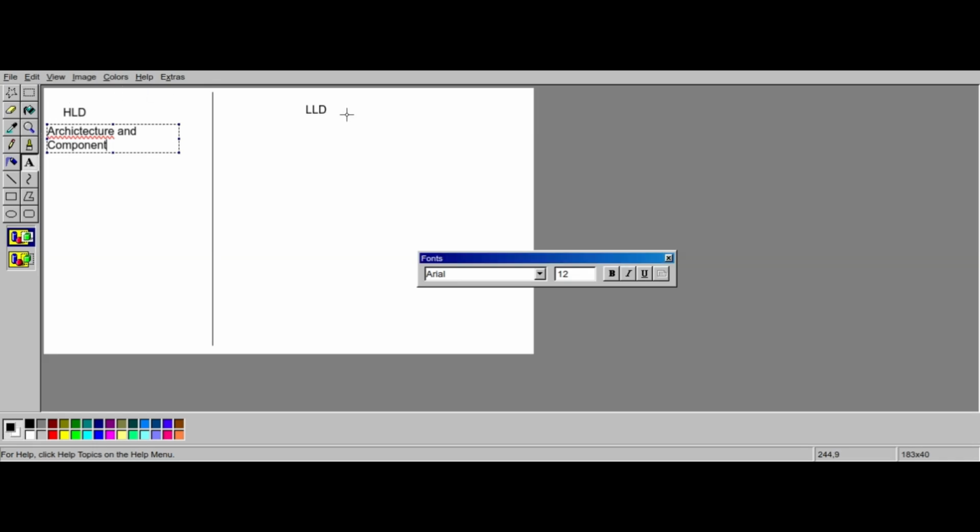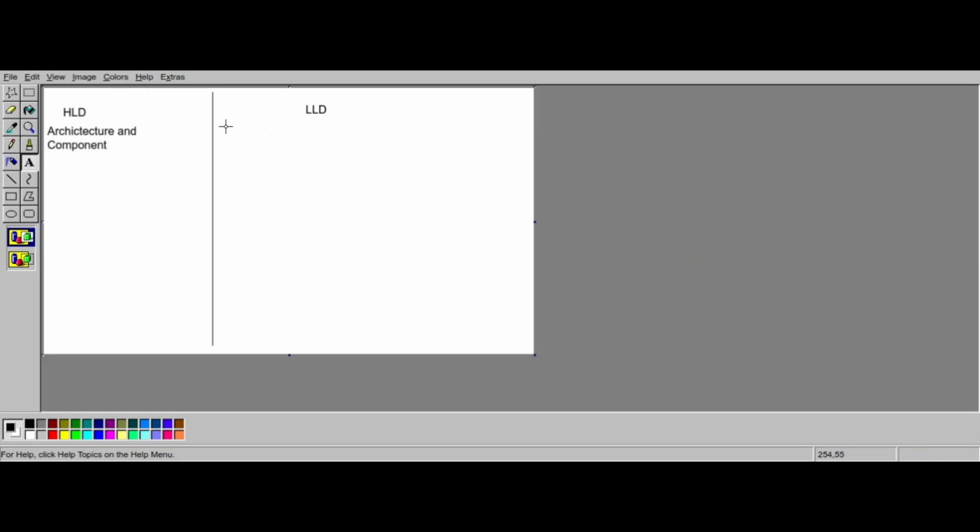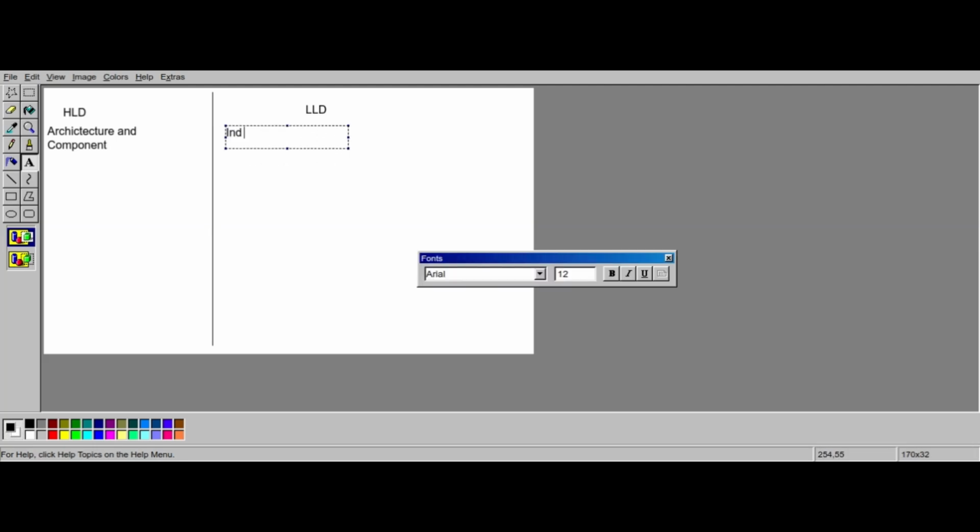Low level design is the individual component and module.